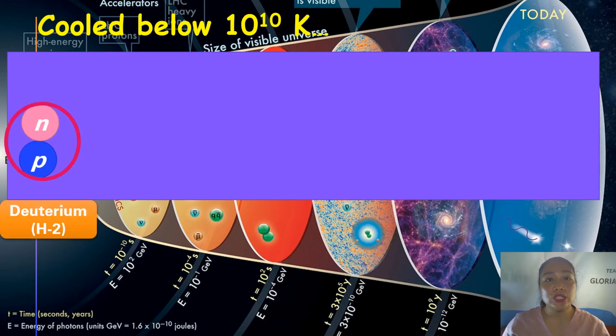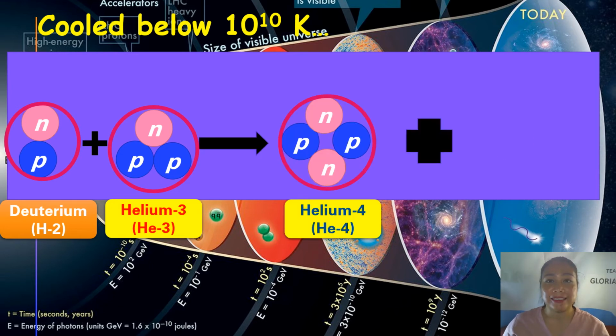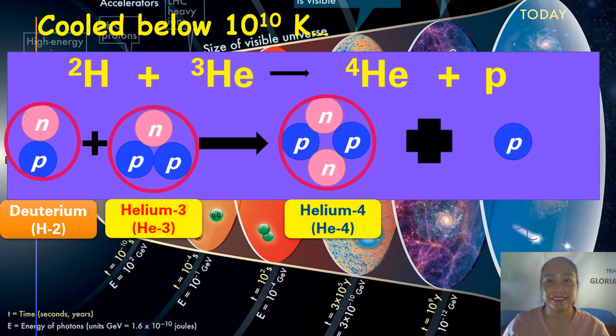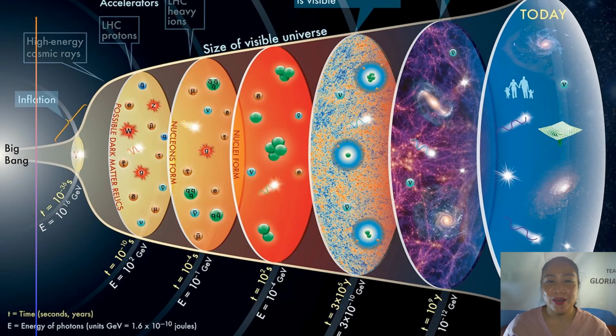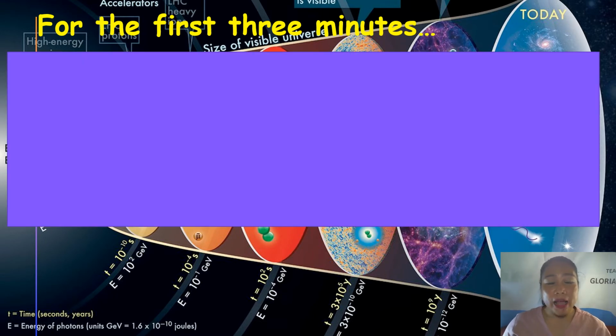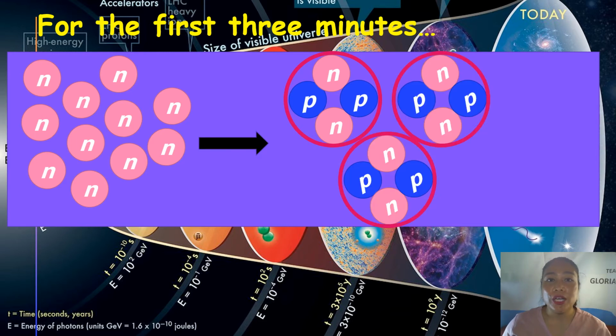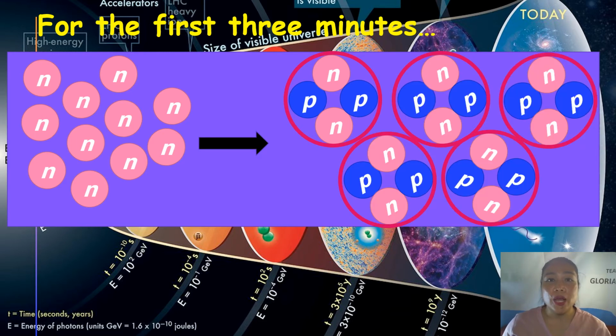Helium-4 was also synthesized from deuterium and helium-3. For the first 3 minutes, a substantial amount of neutrons was converted into helium-4 nuclei before their decay.